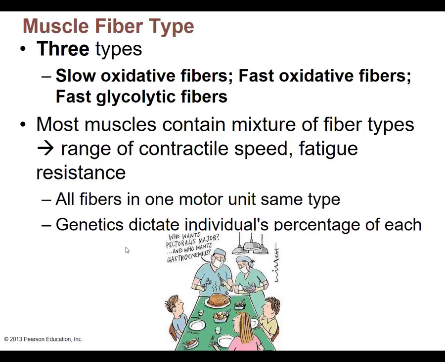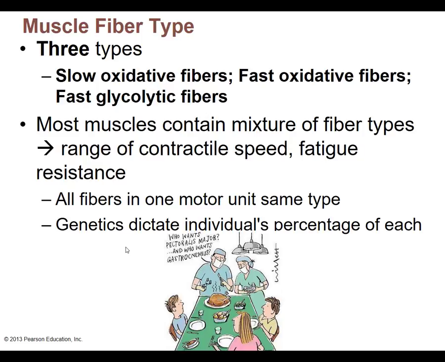In these fibers, we also have lots of mitochondria to make all that ATP. There's also a pigment in these muscles called myoglobin. Again, anything with myo means muscle. It's an oxygen-binding pigment found in muscles. It may sound similar to hemoglobin, which also binds oxygen, but in red blood cells. This is myoglobin that binds oxygen in muscle cells.